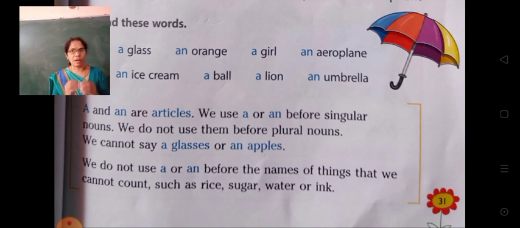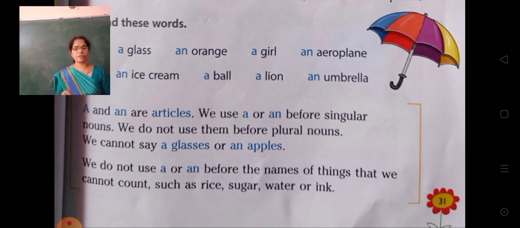We cannot use a or an before plural nouns. Only with the singular nouns we have to use the articles a or an, and we do not use them before plural nouns.